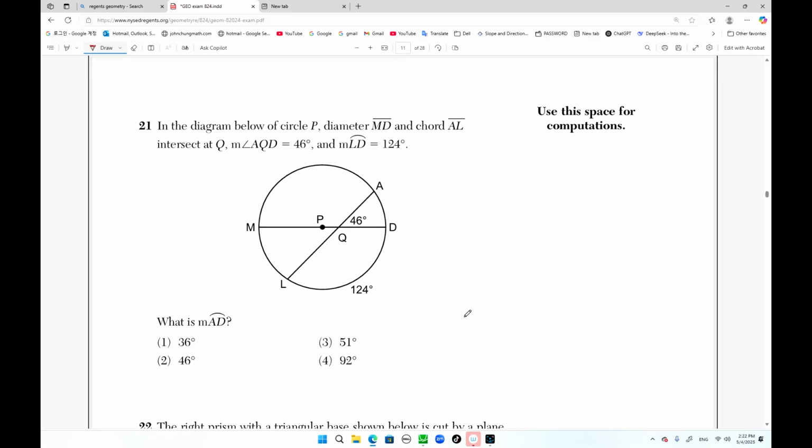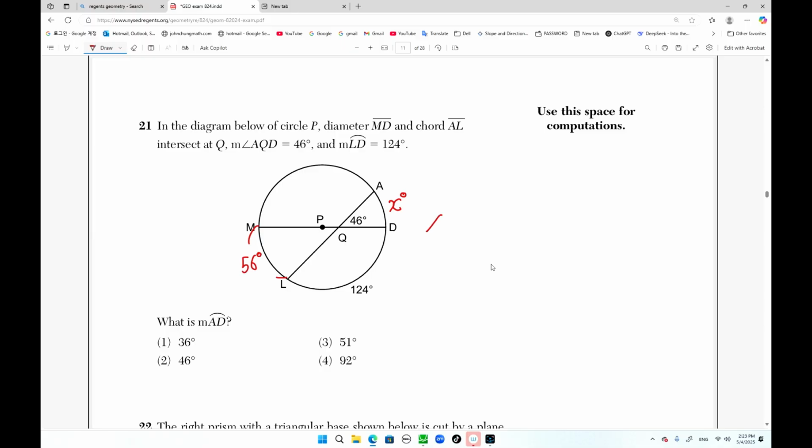Number 21. So we have a diagram over here. On the circle, the intersection inside the angle is 46 degrees, and the measure of the arc is 124. We want the measure of arc AD, this side. I'm going to call this x degrees. We need this one while using intersections. This is a semicircle, 180 minus 124 is what? 56 degrees, right?